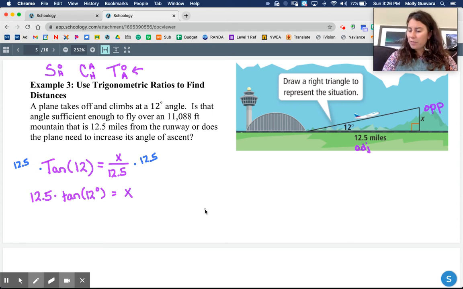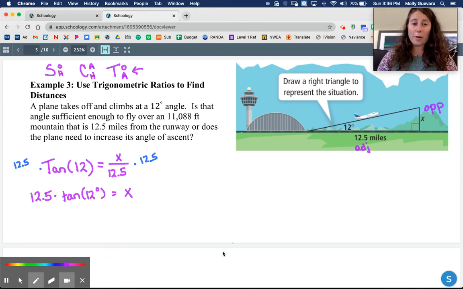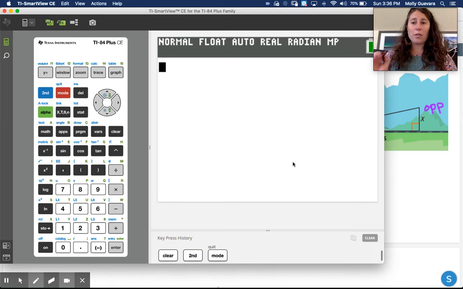And then this is something that I can put into my graphing calculator, or even if you have a blue scientific calculator, you can do this. And I'm going to show you how to do that right now. Okay, so if I want to enter this into my calculator, pull up my calculator, the first thing that I have to check, which is really annoying and really easy to forget, is whether or not I'm in radians or degrees.